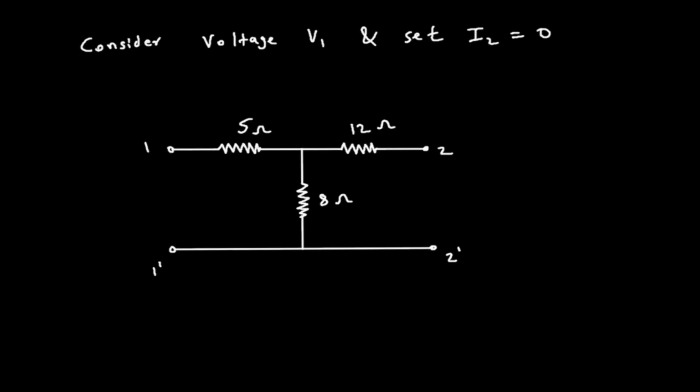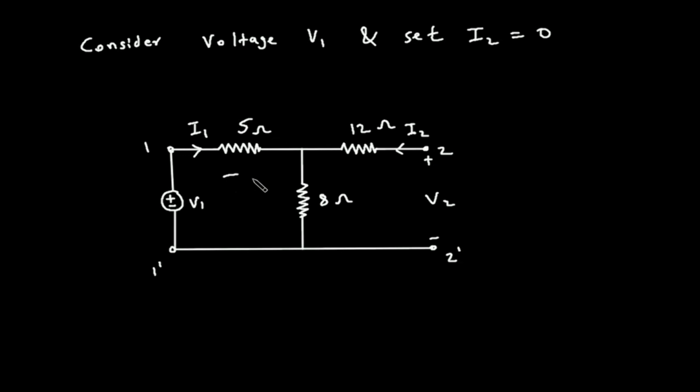So here we have to consider this voltage as V1, and here a voltage source of V1, and this will be current I1, this will be current I2, and this will be voltage V2. This will be plus, this will be minus.